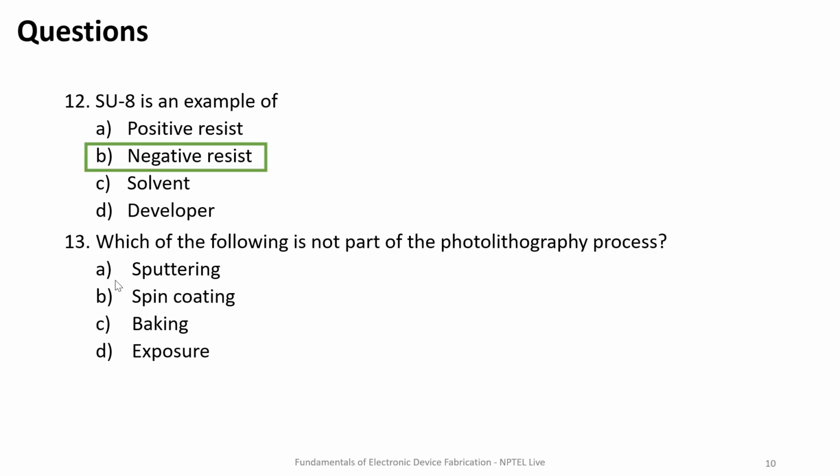So the answer is negative resist. SU8 is an example of negative resist. So next is which of the following is not a part of the photolithography process? That also we had answered during the non-graded assignment. Sputtering, yeah, that's correct. Sputtering is the right answer.